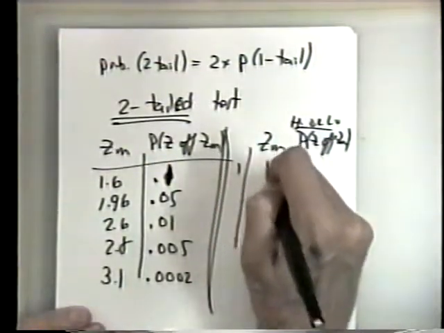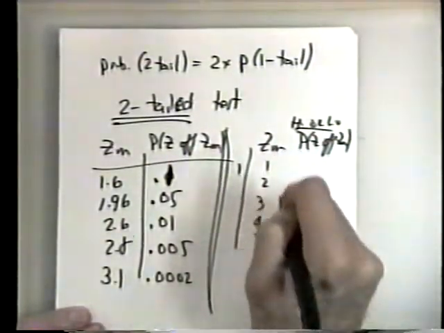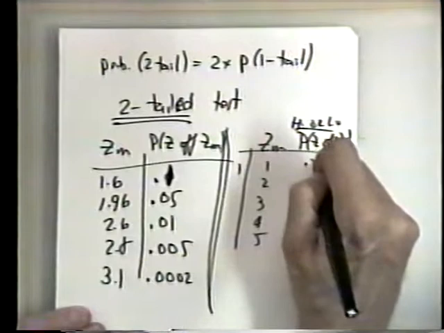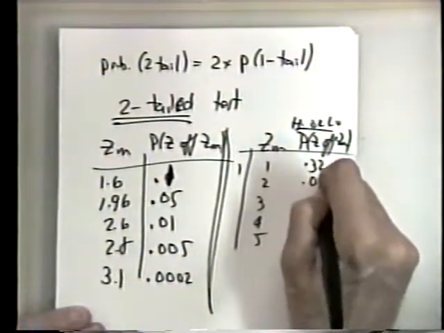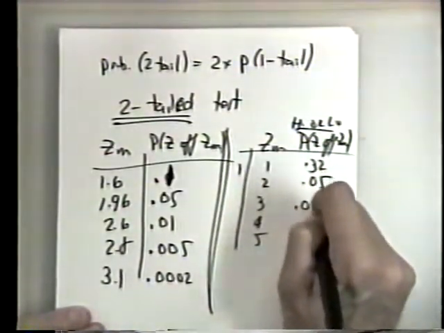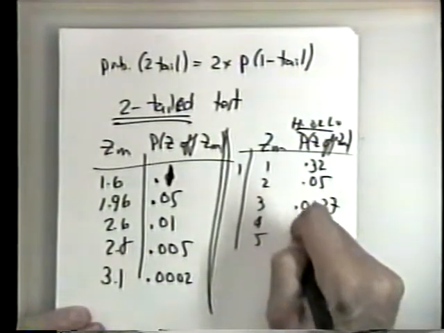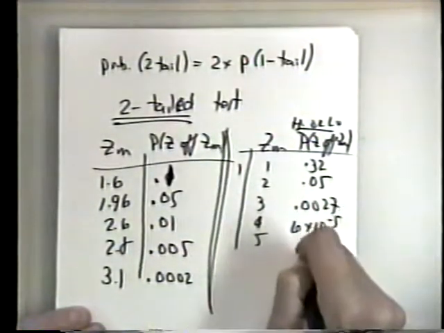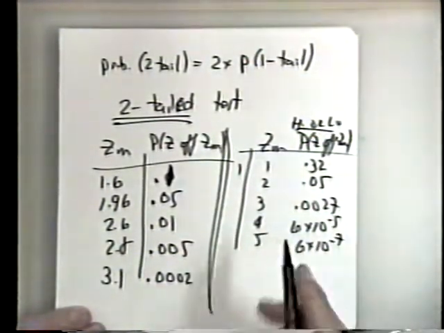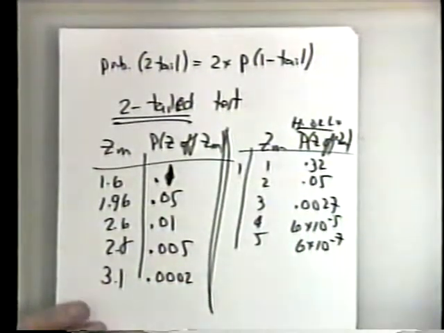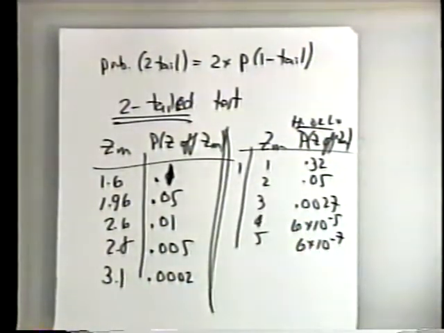And for 1, 2, 3, 4, 5 in Zm, the p-values are 0.32, 0.05, 0.0027, 6 times 10 to the minus 5, and 6 times 10 to the minus 7. And you can see these values are just double the values I had in the previous table because we're looking at two tails of the distribution.